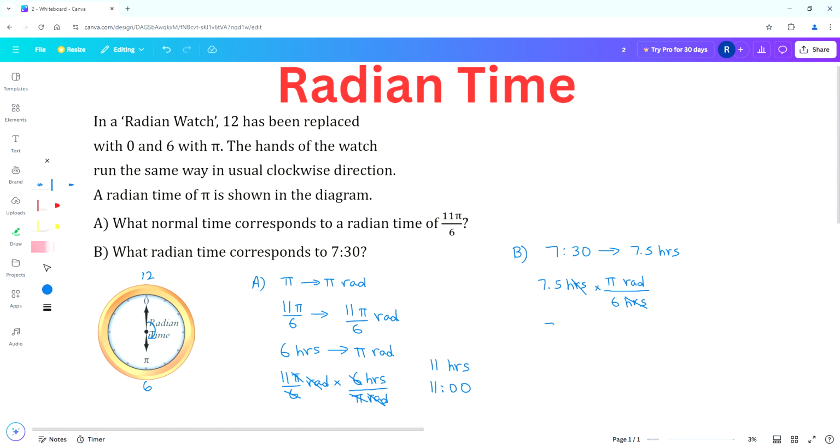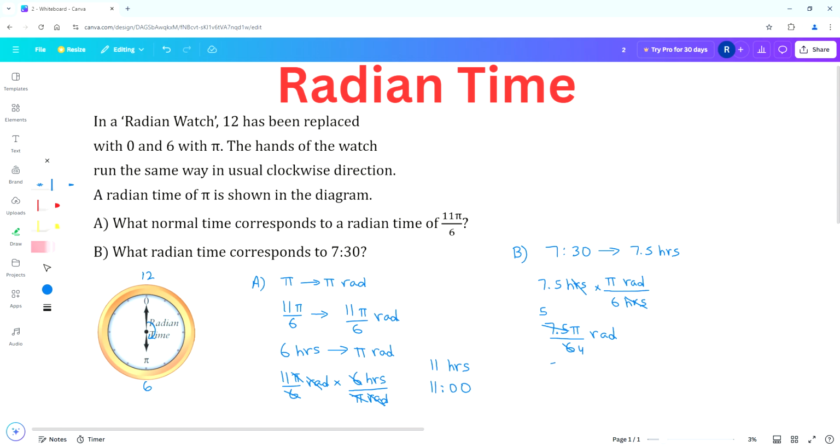I get, we can reduce 7.5 and 6 by dividing these numbers by 1.5. 7.5 divided by 1.5 is 5. 6 divided by 1.5 is 4.